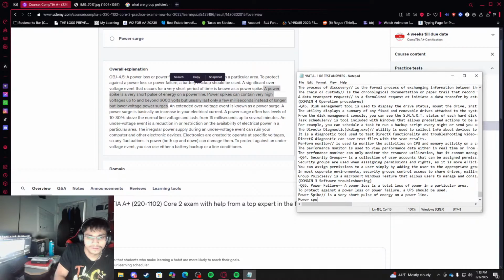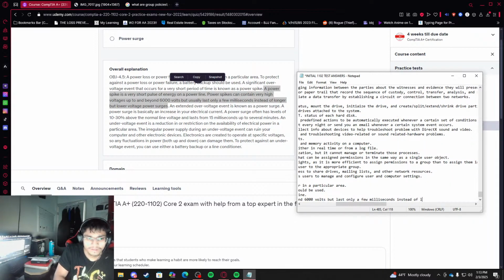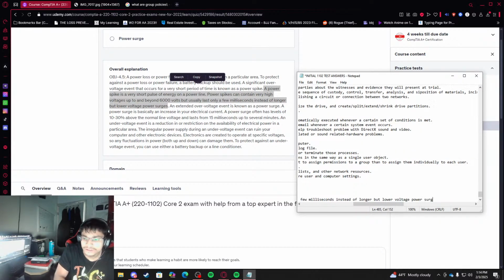Power spikes, instead of longer but lower-voltage power surges.